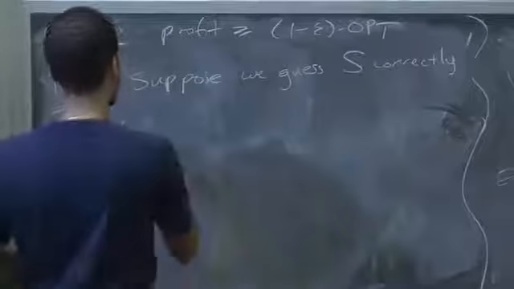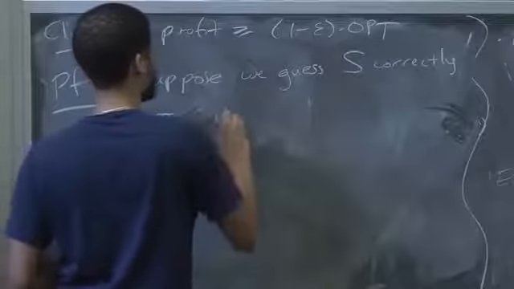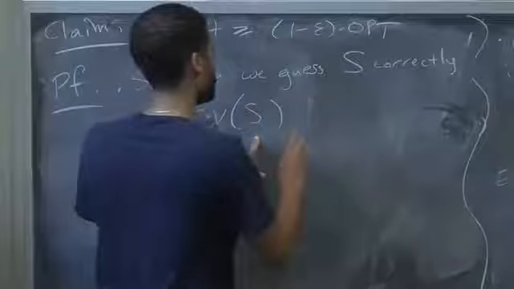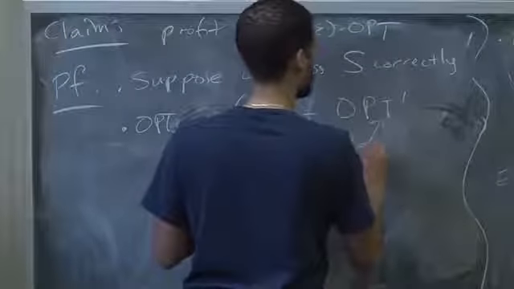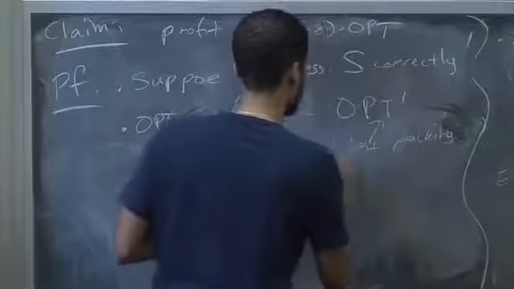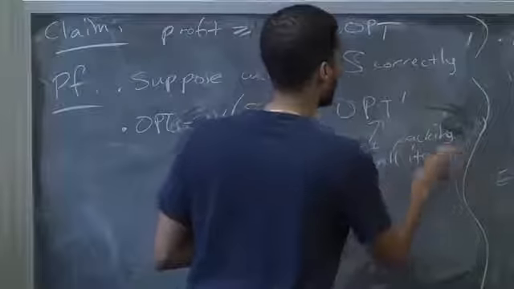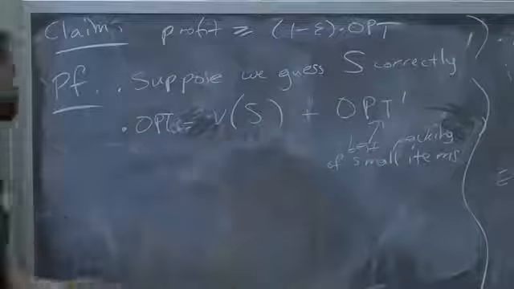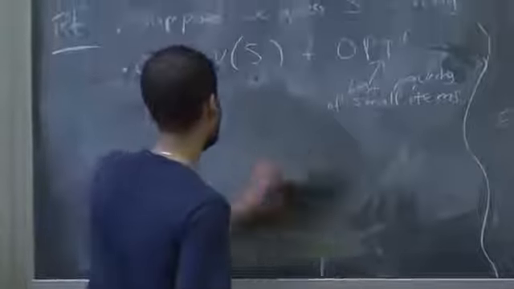We know that opt is equal to the value of S, the sum of the values of items in S, plus opt prime, which is the best packing of the small items, the items with value at most any item in S. Meanwhile, what do we achieve?